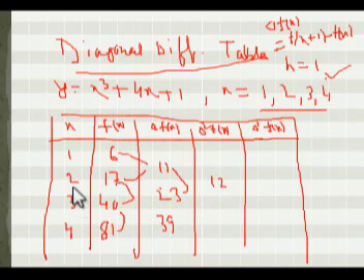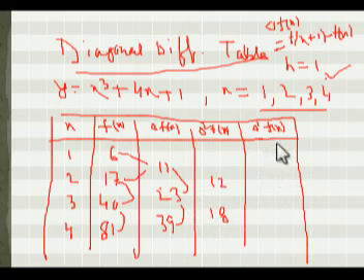And for 2, we get the forward difference for 3 minus the forward difference for 2. So we get 41 minus 23, which is 18. Now again the third difference operator.